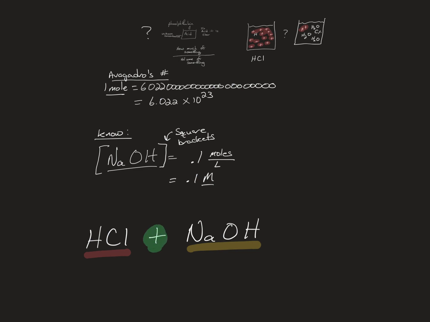Everybody okay with that? I'm adding the two together. So that's going to yield, there's a symbol for yield. Another word for yield is it results in a change. This change is reversible, so it's going to have a double arrow, one going one way, the other arrow going the other way.